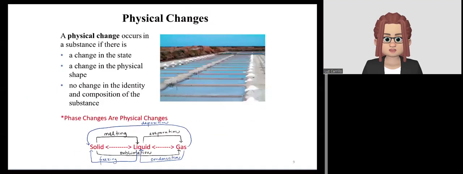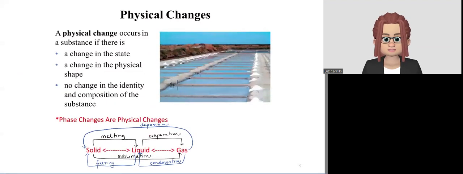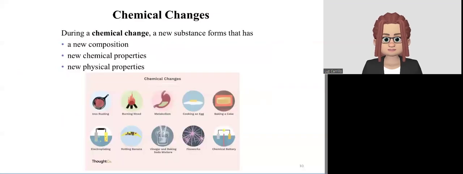Now we are going to talk about what are chemical changes. During a chemical change, a new substance is going to form. And because we have a brand new substance, it's going to contain a new composition, and that new substance is going to have new chemical properties and new physical properties.